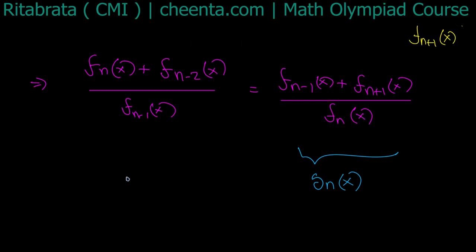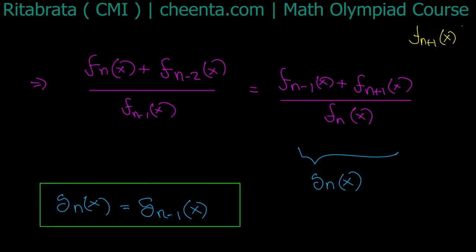What if I put n by n minus 1? What do we get? We just get that g_n(x) is the same as g_{n-1}(x). So g_n is just constant in n. This is a very useful thing. This is really important.